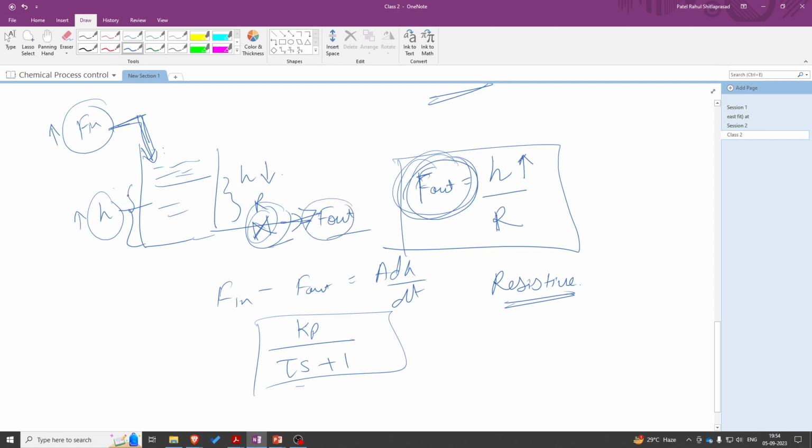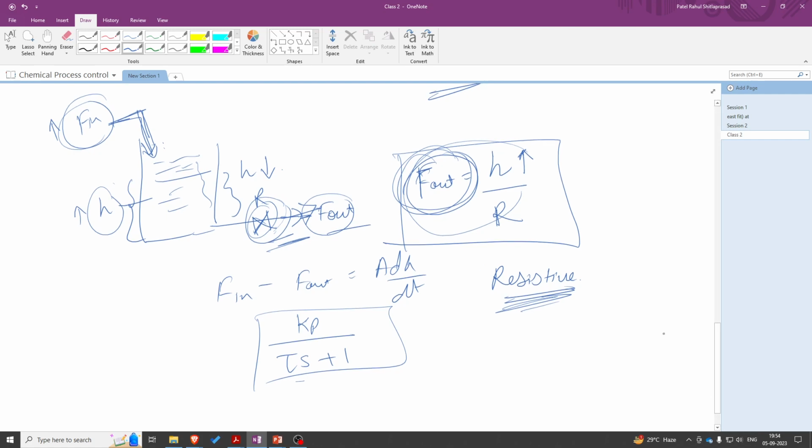That is, whatever the effect of this disturbance we are feeling will be negated or decreased by the presence of this valve. So basically we are resisting the capacity of the tank to hold the water by using this kind of correlation. Such a kind of system is known as a resistive system. So over here, this is the resistive action.